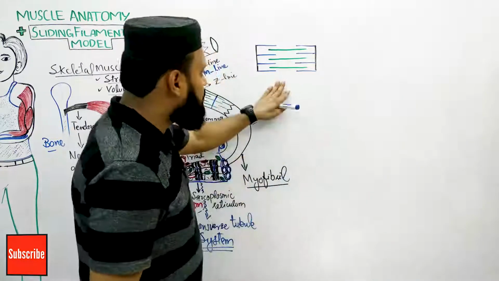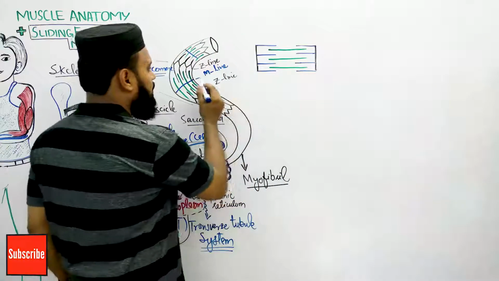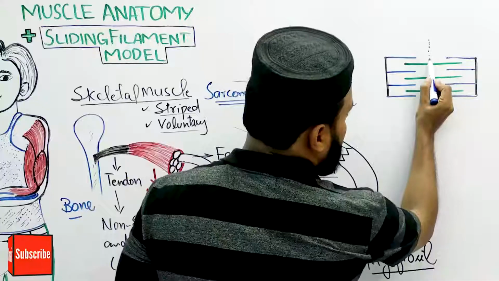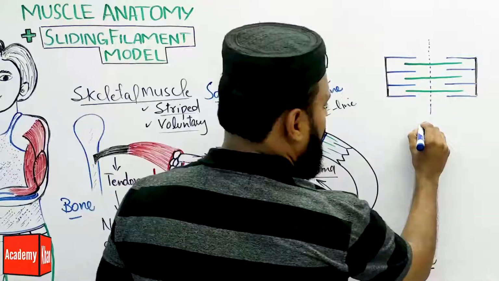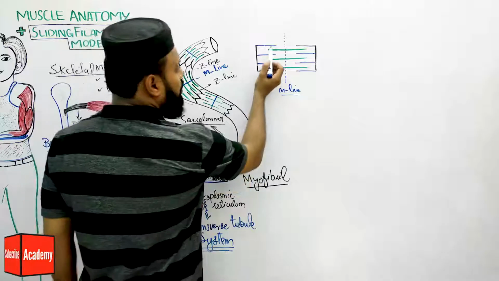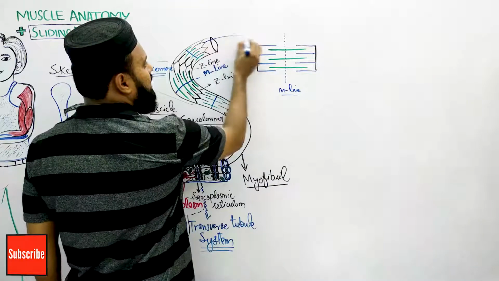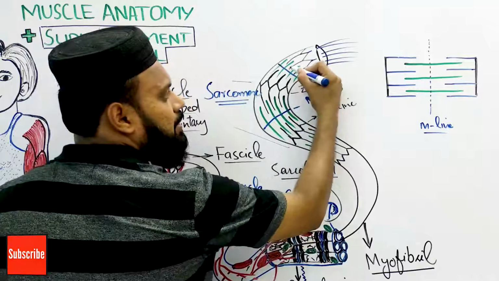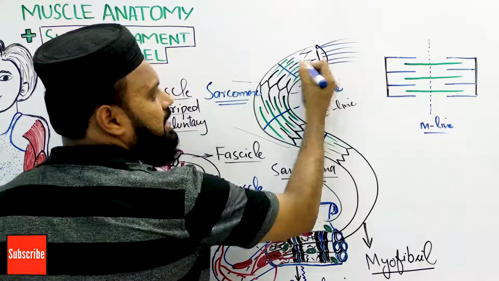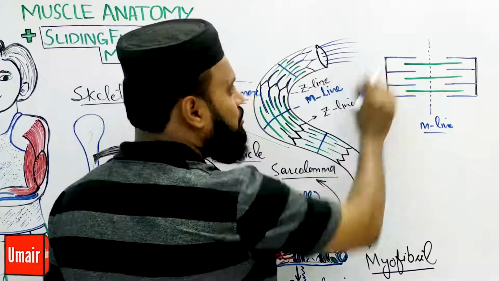So come to know about important terms of this structure. First of all, make that M line which cuts the whole sarcomere into 2 halves, called M line. Now you should know the names of these blue lines. These blue lines are coming here, getting their way out.